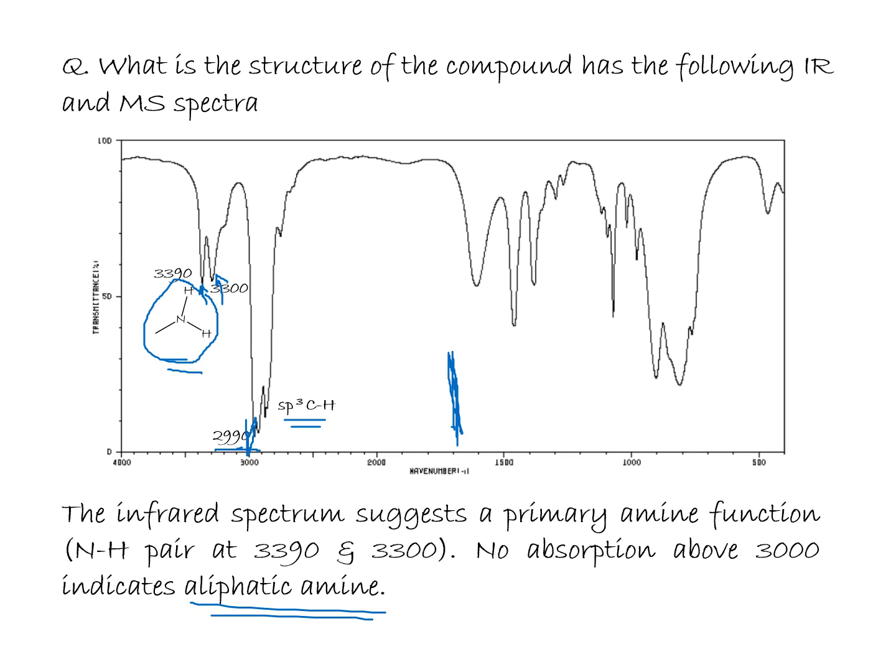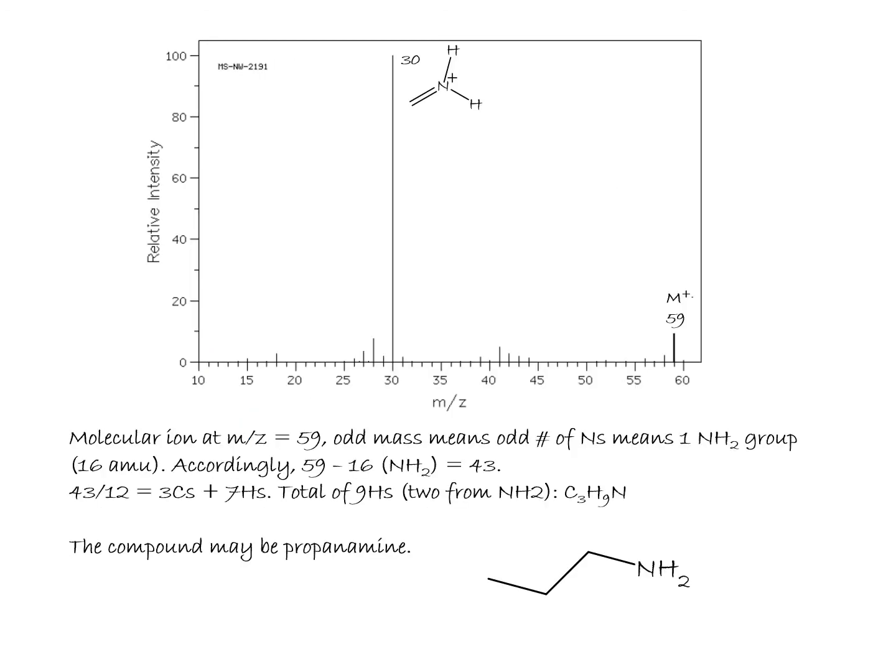Okay? Molecular ion at 59, and you have mentioned amine. This means that you have an odd nitrogen atom. Okay, one nitrogen, amine, NH2, 59.